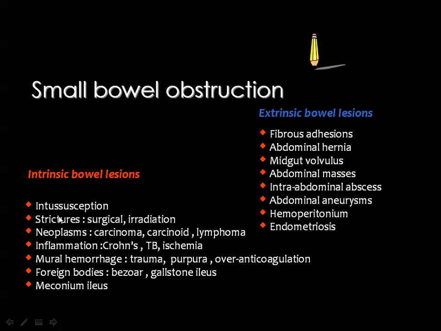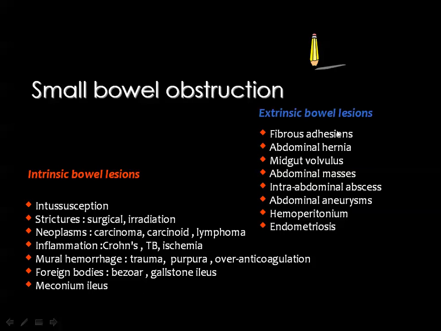The intrinsic causes include intussusception and strictures, whether surgical or post-irradiation, neoplastic lesions like carcinoma, carcinoid, and lymphoma, inflammatory lesions like Crohn's disease, ileocecal tuberculosis, and intestinal ischemia, mural hemorrhage, post-traumatic or due to overuse of anticoagulant therapy, then foreign bodies like bezoars and gallstone ileus, and the meconium ileus in the pediatric age group.